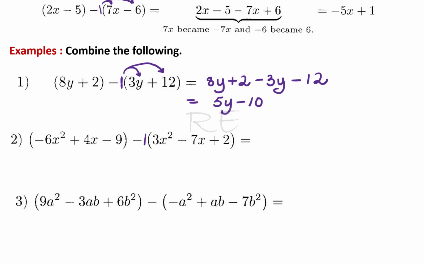We'll drop the parentheses for the first expression, negative 6x squared plus 4x minus 9. The second expression we have to add the opposite, negative 3x squared plus 7x minus 2.